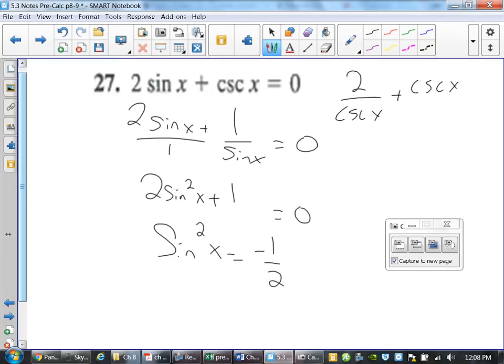You still have to get the common denominator. So you wind up with 2 plus cosecant squared of x equals 0. And then cosecant squared of x equals negative 2. Will you ever get a negative 2 for a cosecant? Same idea. Okay. Does that make sense?